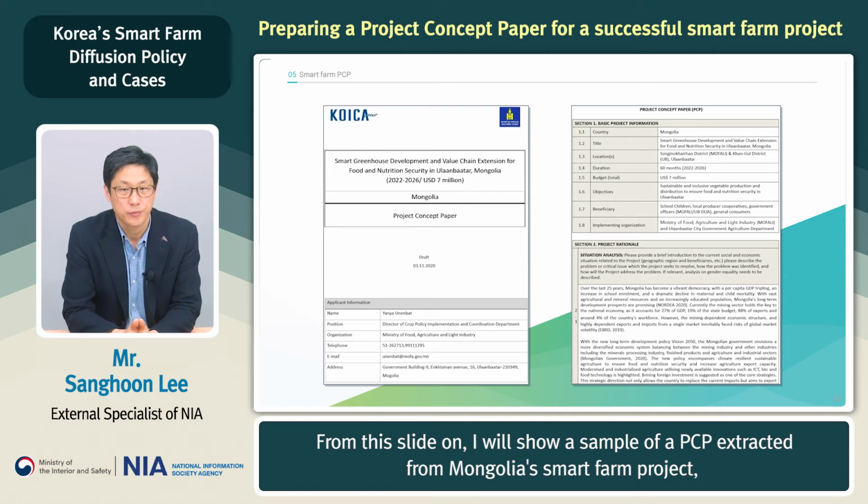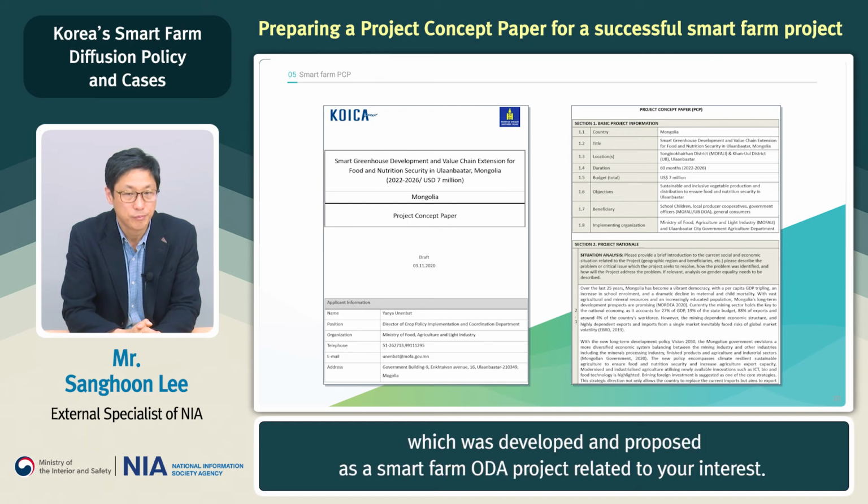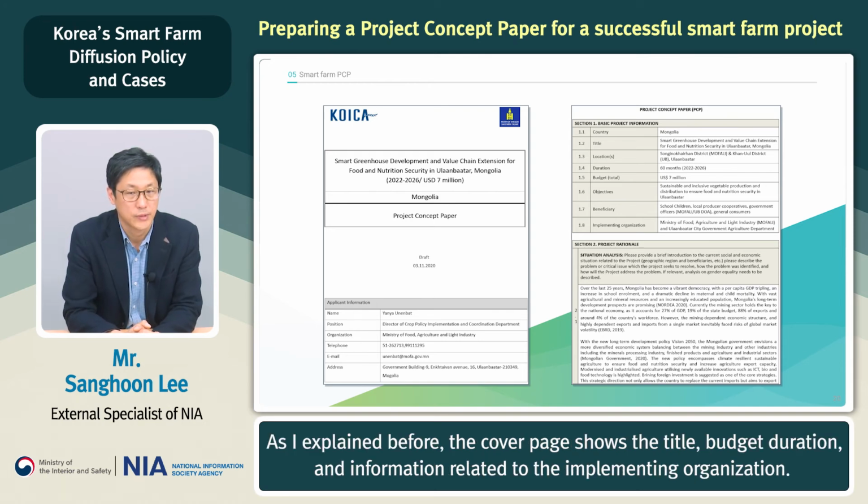From this slide on, I will show a sample of PCP extracted from Mongolia's Smart Farm project, which was developed and proposed as a Smart Farm ODA project related to your interest. As I explained before, the cover page shows the title, budget, duration, and information related to the implementing organization.